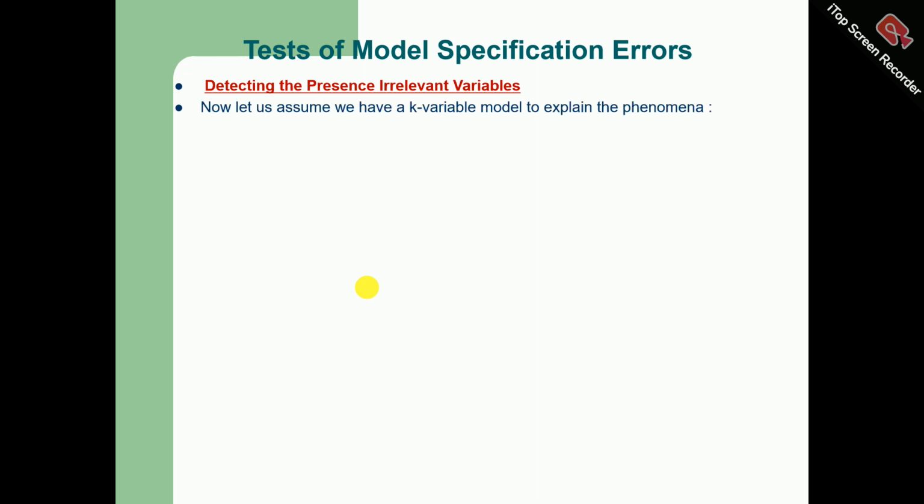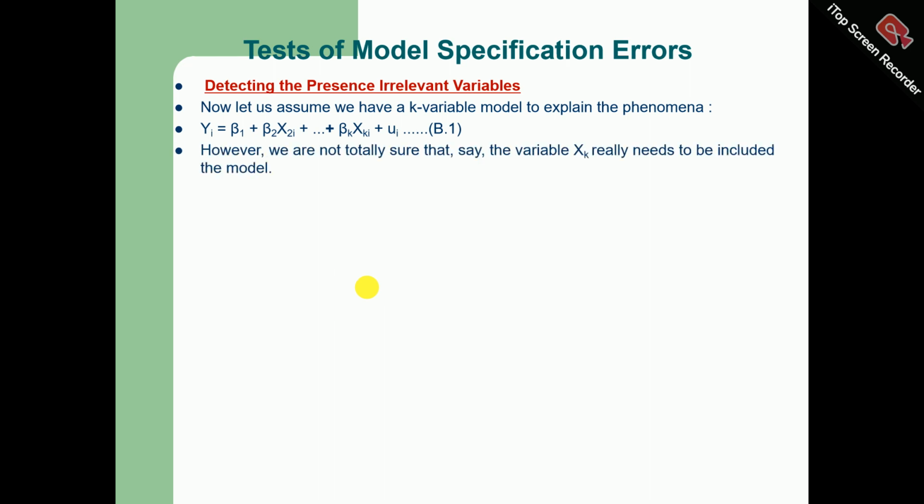So what are the various tests of model specification errors? The first one is used to detect the presence of irrelevant variables. Let us assume that we have a k variable model to explain a particular phenomenon, and that model is Y i based on variables X2i up to Xki. There are k variables in this model.